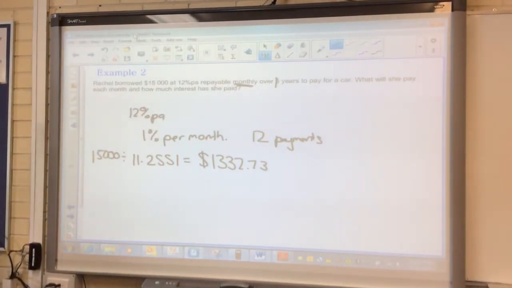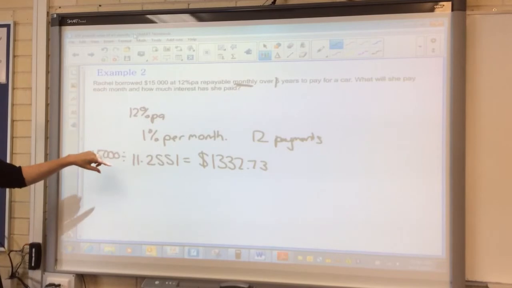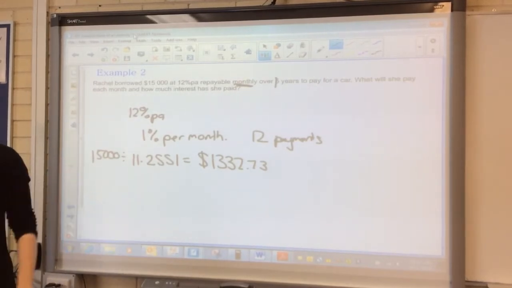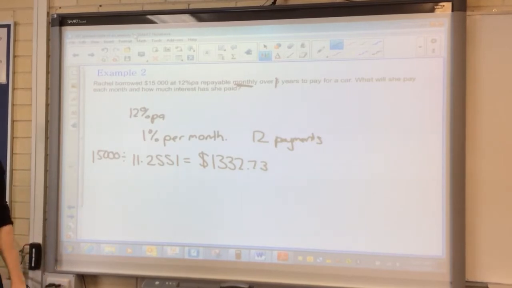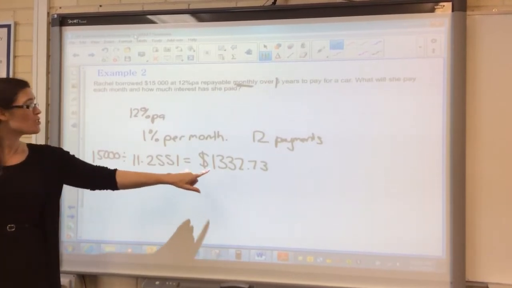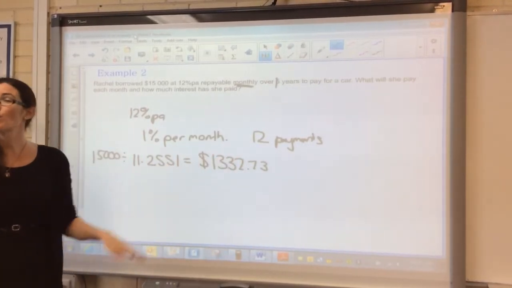How do I work out how much interest she paid? The first thing I've got to do to work out interest is work out the total that she paid.